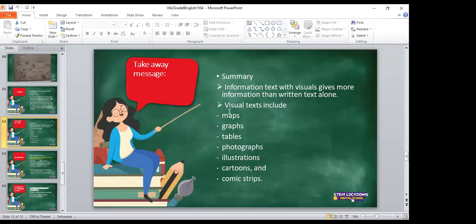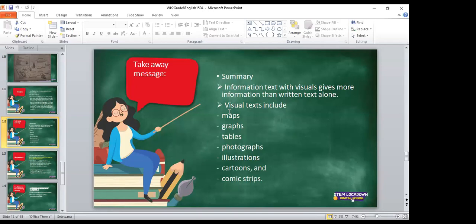And how is this relevant to English? This is relevant to English in that you will realize that when you write your tests, when you write your exams, they do not only ask you questions in writing or with text. Sometimes they'll just put a map there and ask you questions. They'll put a graph there and ask you questions based on it.